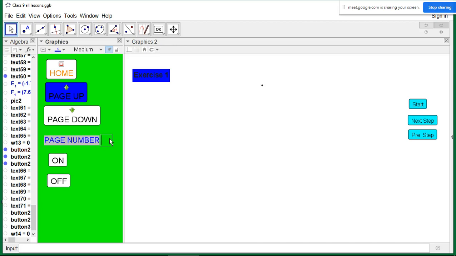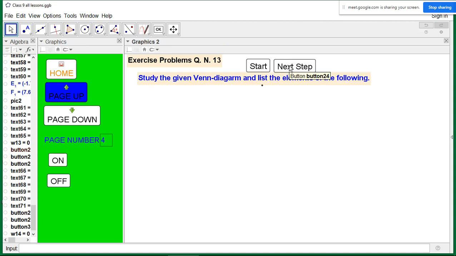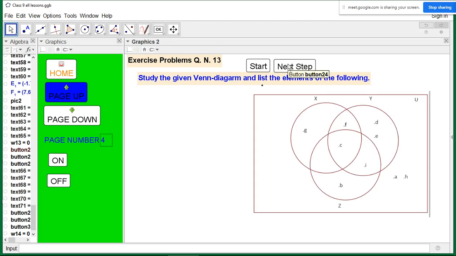The question is: study the given Venn diagram and list the elements of the following. The Venn diagram is like this. If you have the textbook, you can observe. It is given in question number 13, dear students. I have the textbook, so I copied the questions from that textbook.